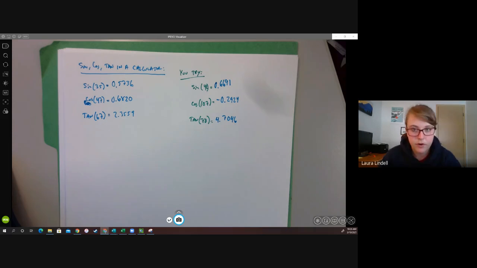And if you're not sure what your calculator is, if you have a calculator at home that has sine, cosine, and tangent buttons on it, it's at least a scientific calculator. All right, 15 more seconds.